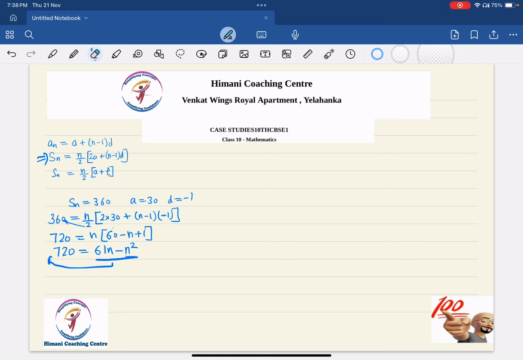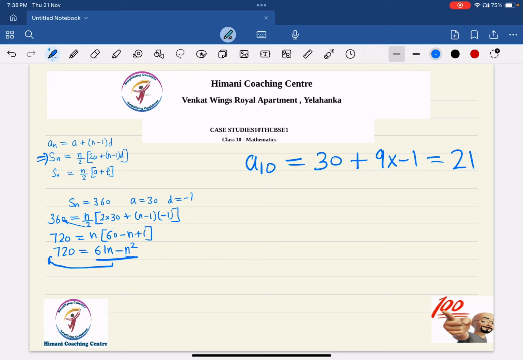You guys can rewind the video and watch it again. So the question is, how many bricks in the 10th row? So A10 would be A, which is 30, plus 10 minus 1, which is 9, times minus 1. So that means 30 minus 9. So there are 21 bricks in the 10th row.